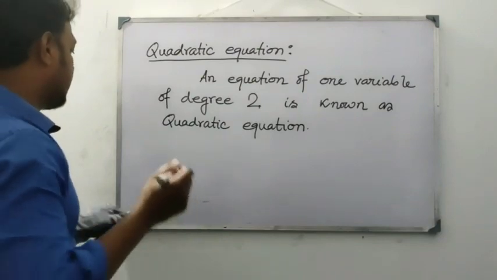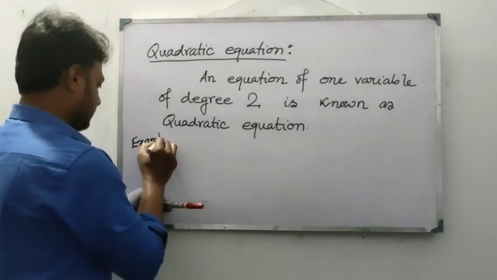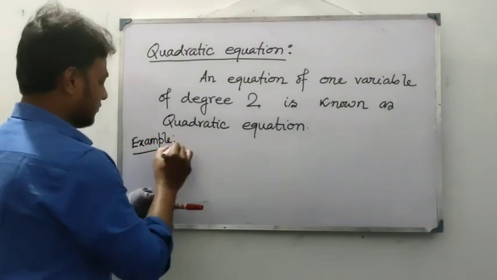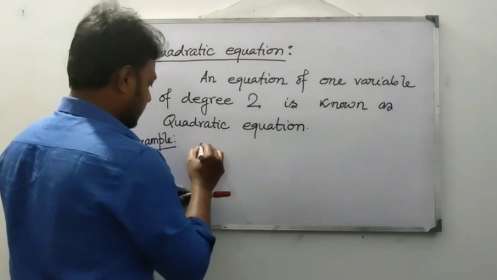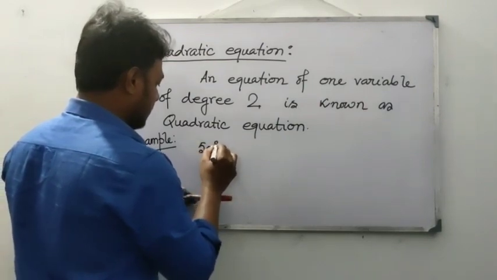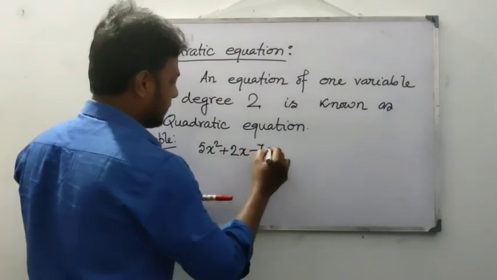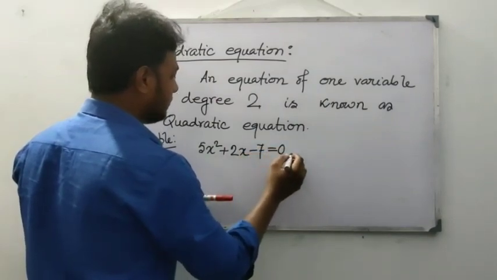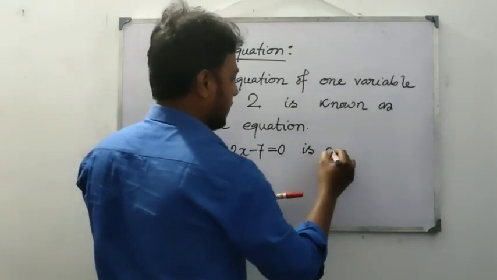Okay, one example. 5x² + 2x - 7 = 0 is a quadratic equation.